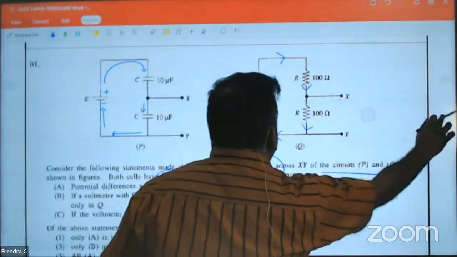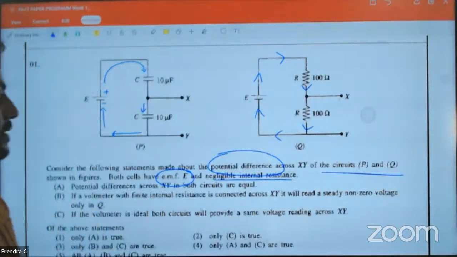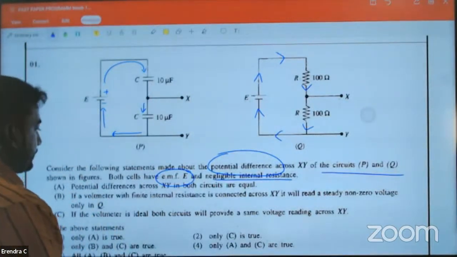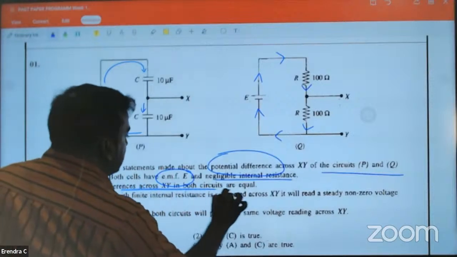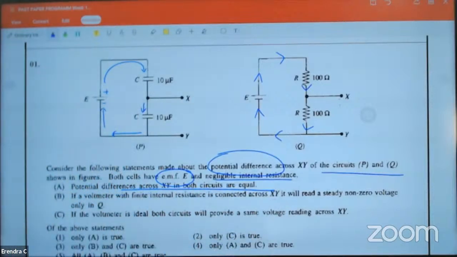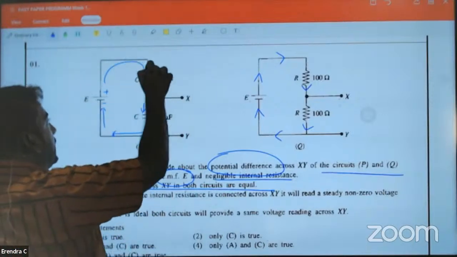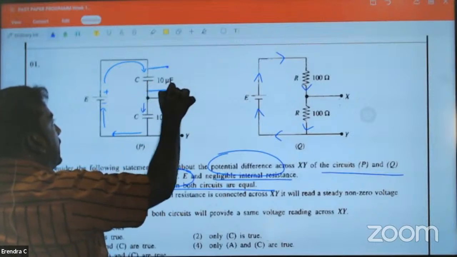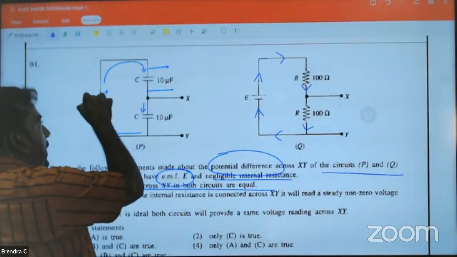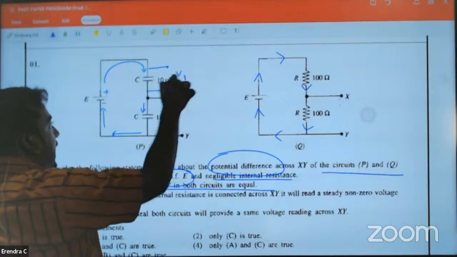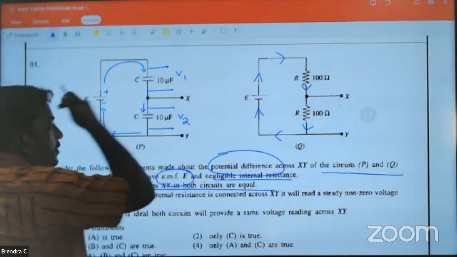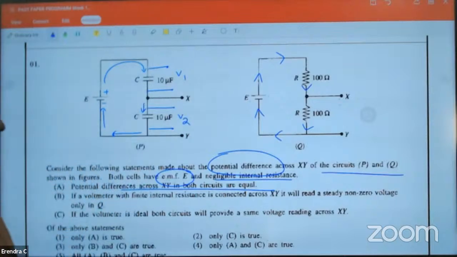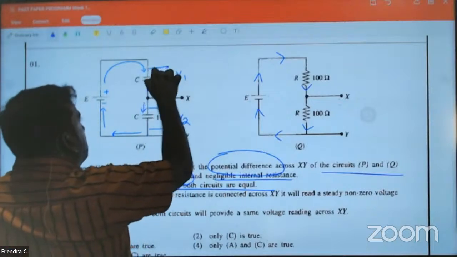There you go. Now look at this. They are asking whether the potential difference across XY in both circuits is equal. Are they equal? Let's see. Here, this energy is divided among that and divided among this. V1, V2.